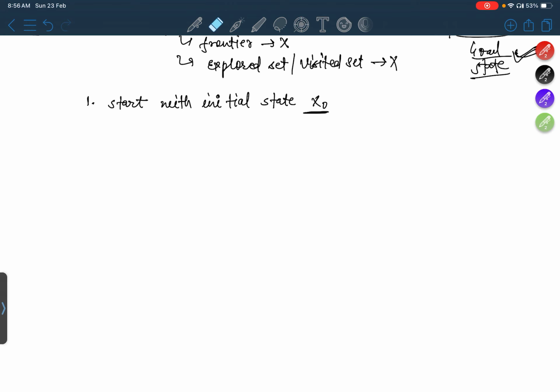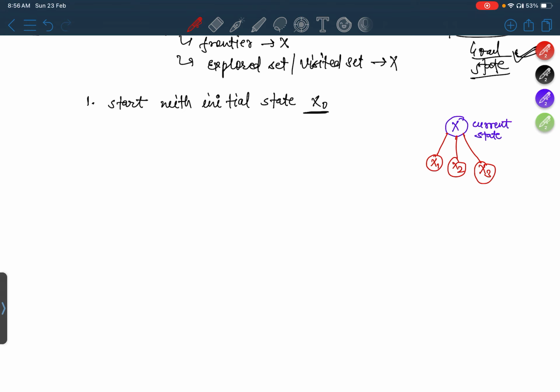Let's call that one state x. This one state is called the current state. Now what will they do? Local search algorithms will generate all the successors of this current state. Whatever successors it has, for example x1, x2 and x3. Let's suppose there were three successors of this state x.